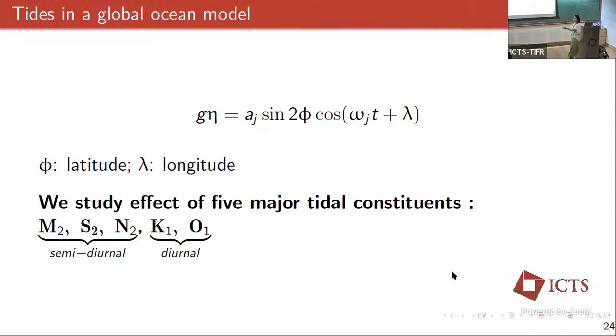This can be related to the diurnal and semi-diurnal. Diurnal means once in a day, semi-diurnal twice in a day, and so on. So these are the five constituents which have the significant effects on this expansion. And we will see how these coefficients look in our simulation.